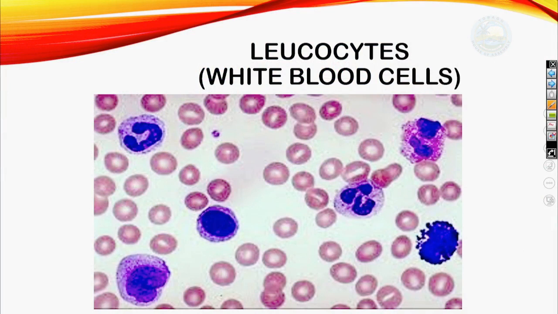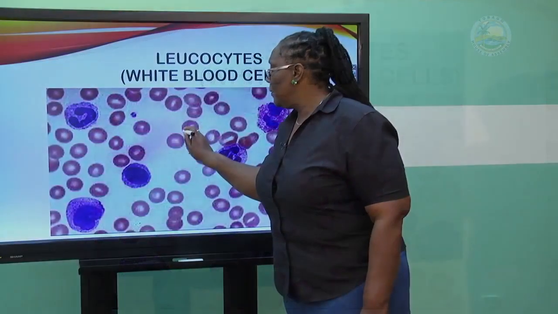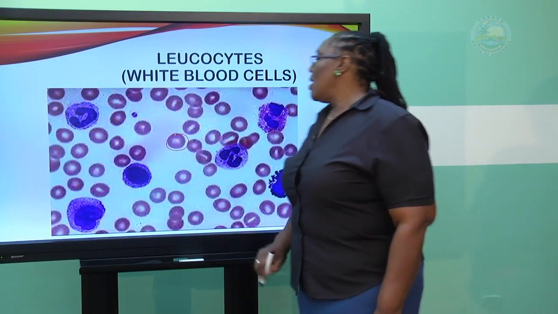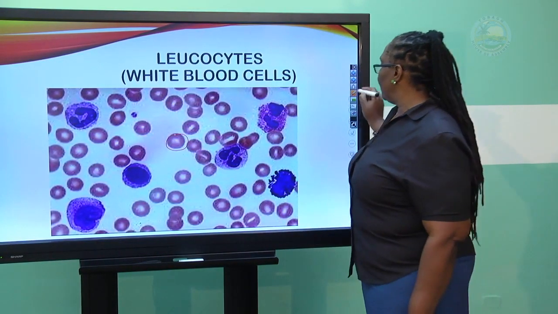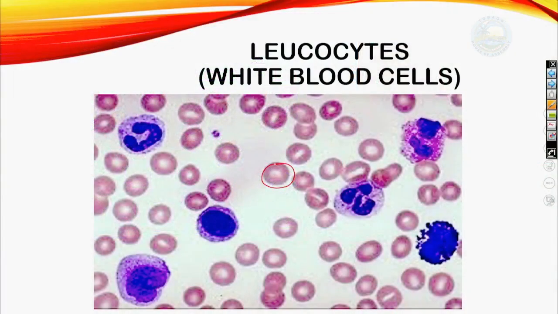White blood cells, leukocytes. If we recall, in your circulatory system we have red blood cells, which are like these. And we have the white blood cells. Let me just use a different color.